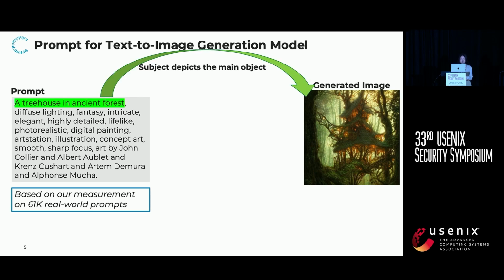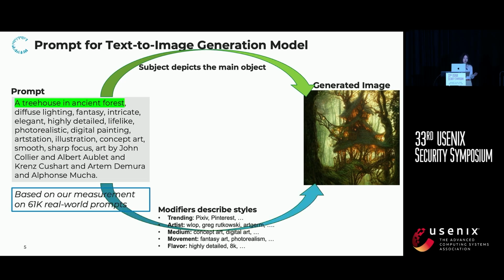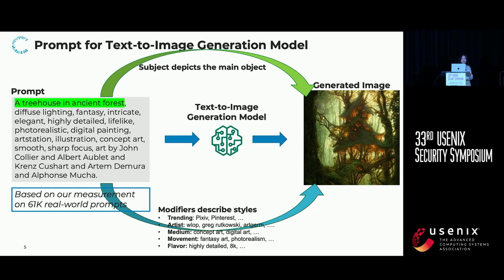The first part is subject, which describes the main object in the image. And then the second part is modifiers, which describe the styles of the image. And we then combine the subject and modifiers together in the prompt, and then send it to the text-to-image generation model. Now, we can get this beautiful picture.